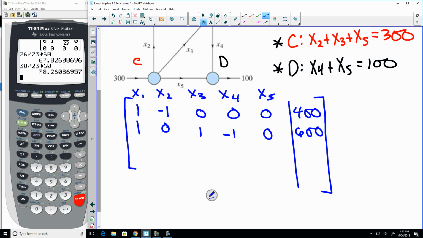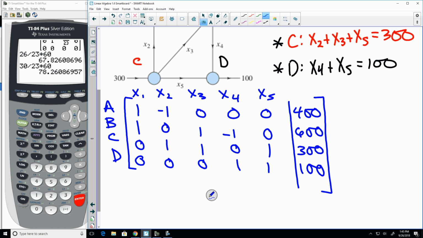Then C: 0, 1, 1, 0, 1 equals 300. And then D is 0, 0, 0, 1, 1, 100. So this is A, B, C, D. Those are our equations that we used.